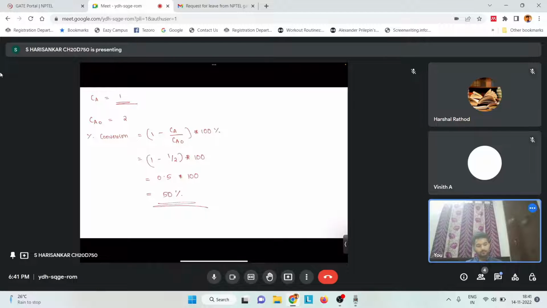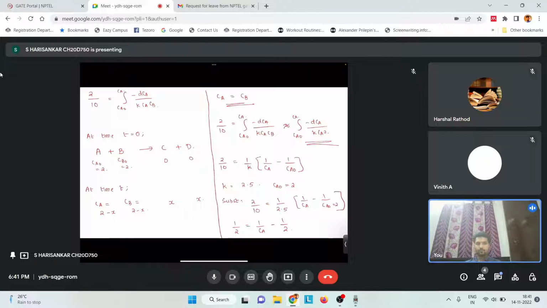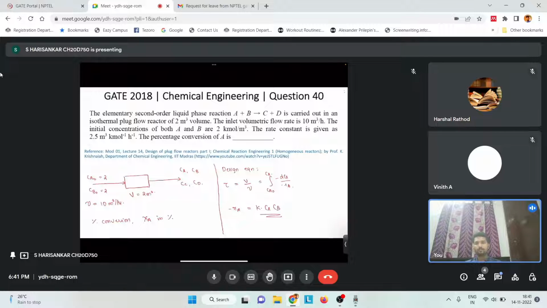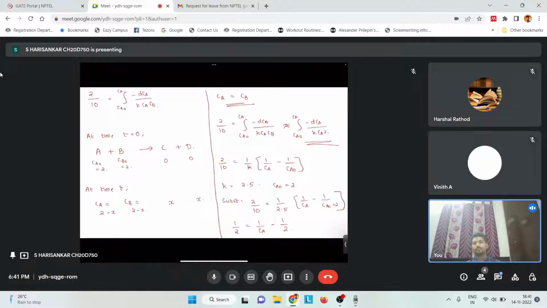So here also basically what we have done is just apply our design equation for PFR. The only modification that we are trying to do here is with the equation for the reaction rate. So A plus B giving C plus D, the reaction rate equation will be kCACB. And since the stoichiometry of A and B are the same, we can assume that kCACB will be approximately equal to kCA square.